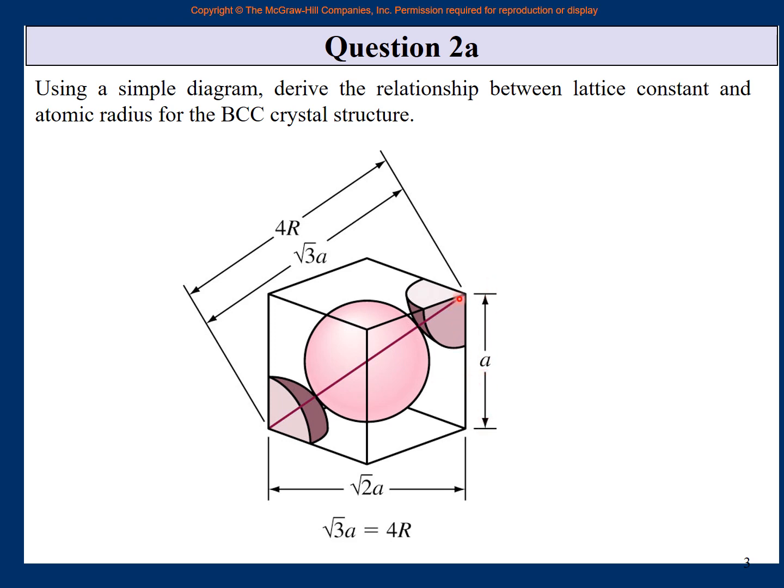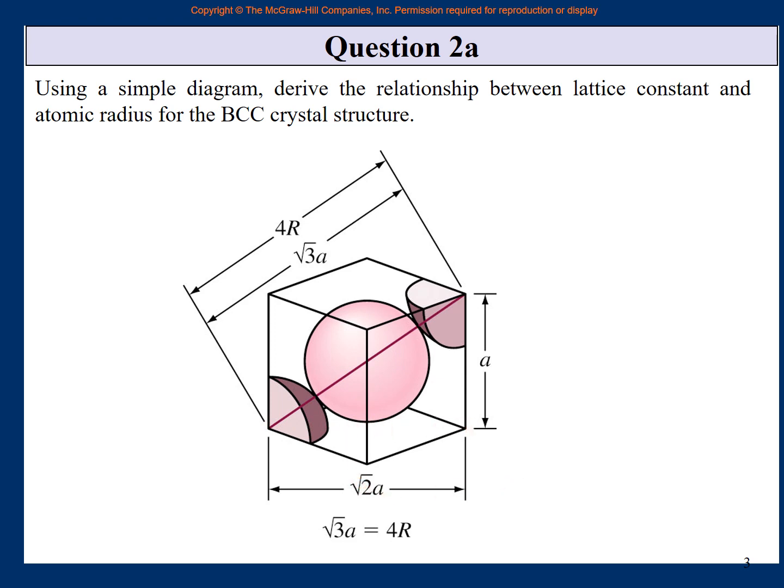Draw a triangle which is this line, and this line, and this height. For the base of that triangle, it is a here and a here. So a squared plus a squared under root. So the length of this face diagonal is root 2 a, right?